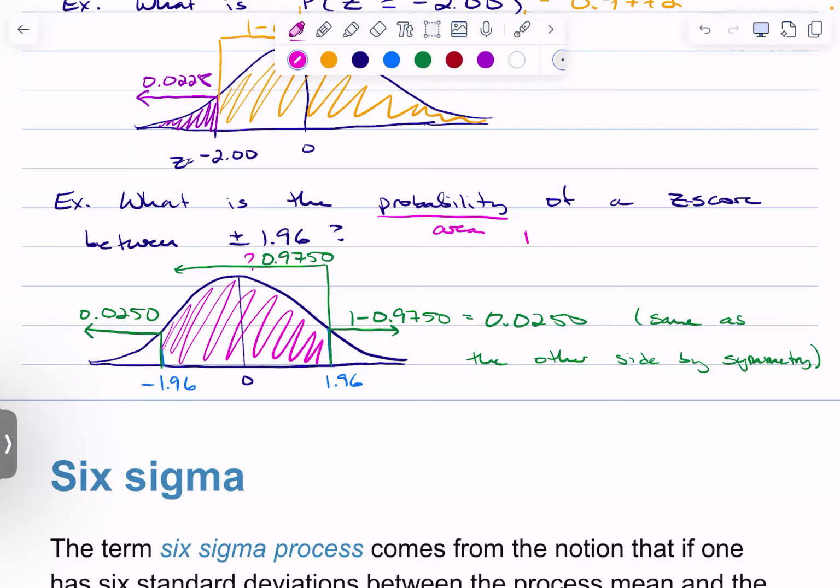So the probability that Z is between negative 1.96 and 1.96 is 0.95, which is actually what we want to say.